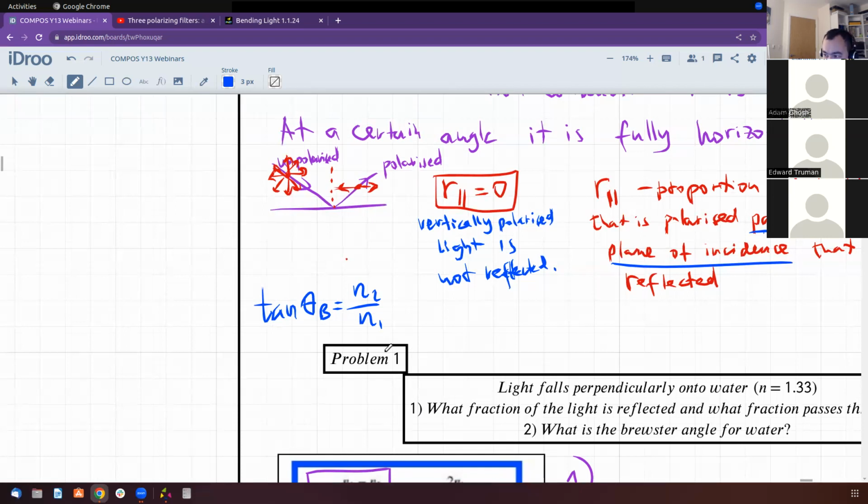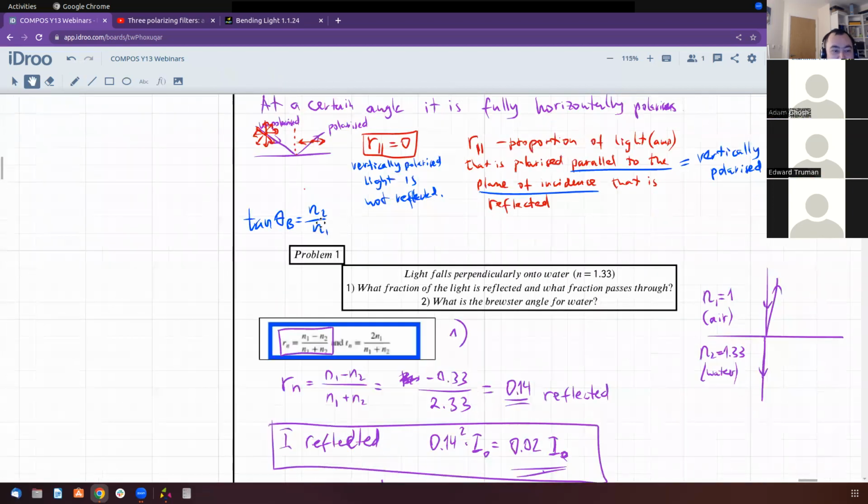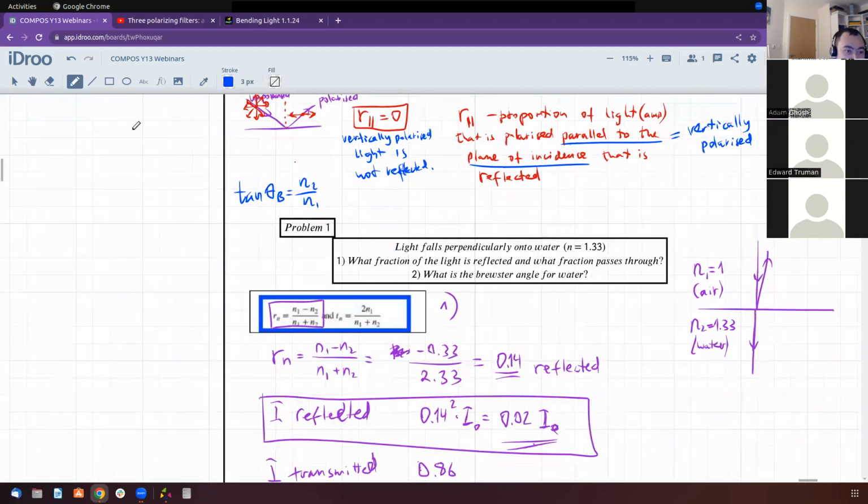Parallel to the surface, and you're saying parallel to the plane of incidence. So that's different things. Yes, parallel to the surface. Yes, the tangent of the Brewster angle.